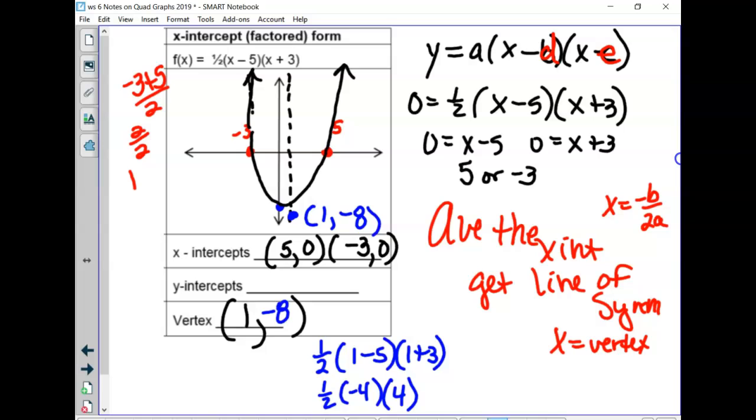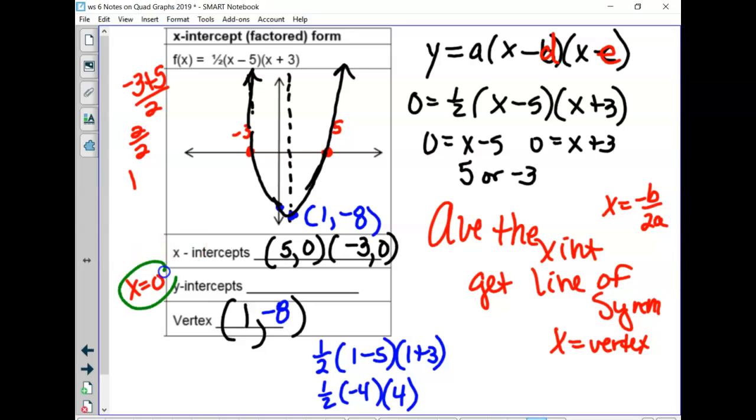But the y-intercept is not at -8. How are we going to find the y-intercept? Yeah, put a 0 in for what? Nope, the y-intercept is when x equals 0.